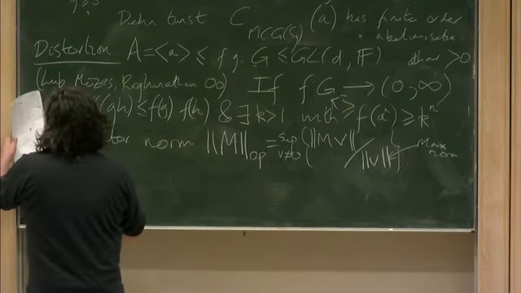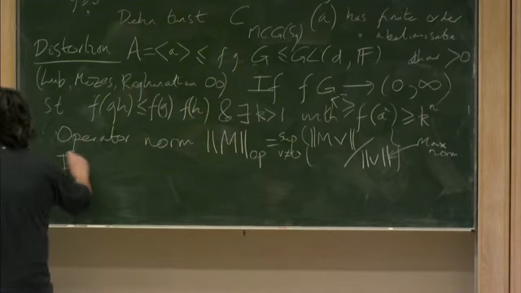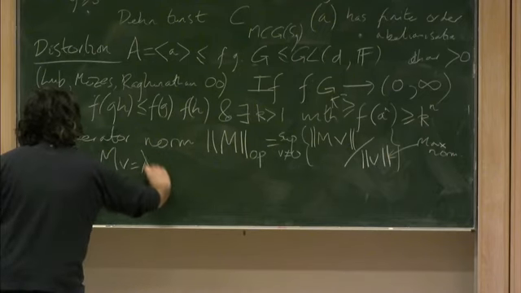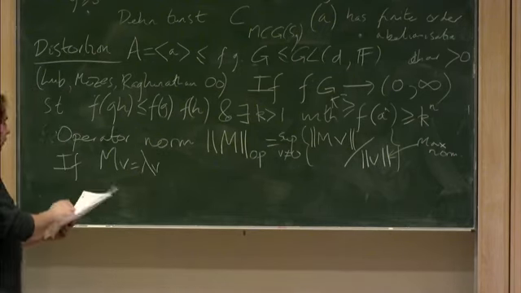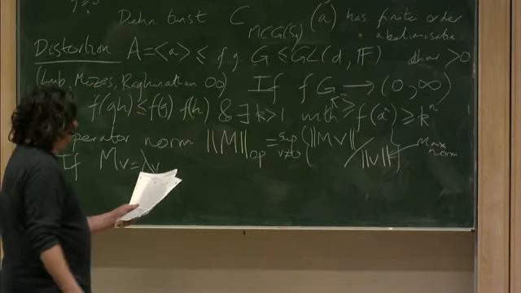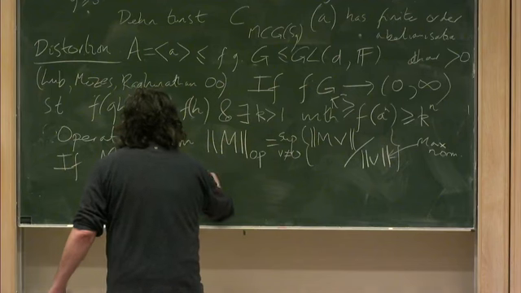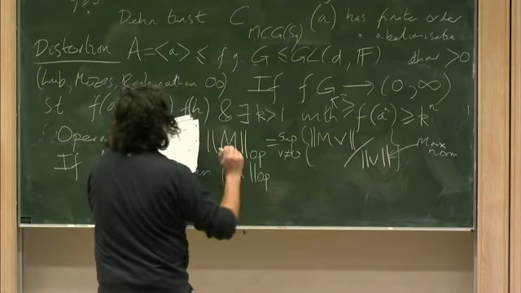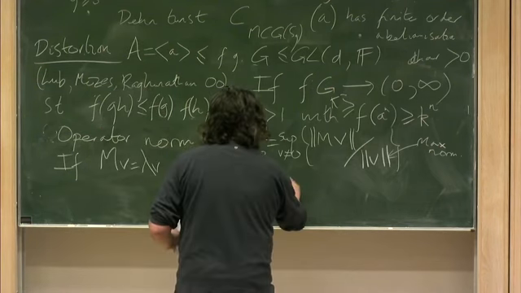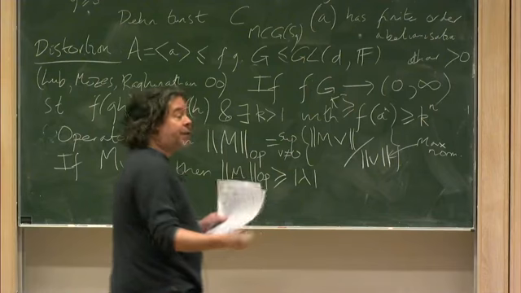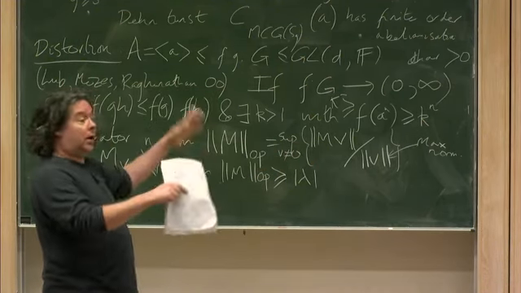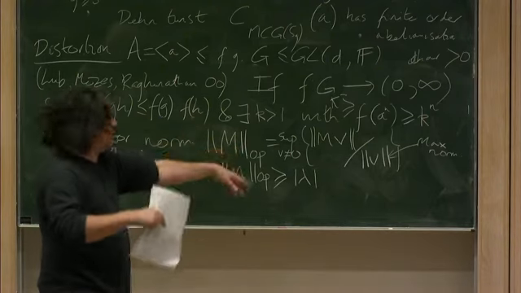Moreover, suppose you have an eigenvalue and an eigenvector, then what you'll get is that the operator norm has to be at least as big as the modulus of that eigenvalue, because we know that Mv is the norm of lambda v, which is mod of lambda times mod of v over v.